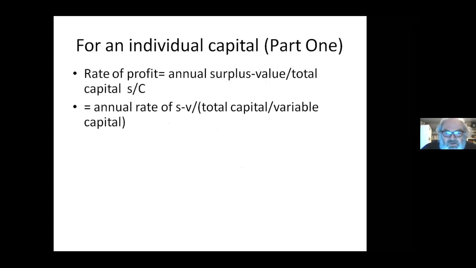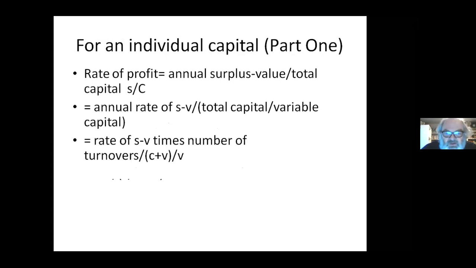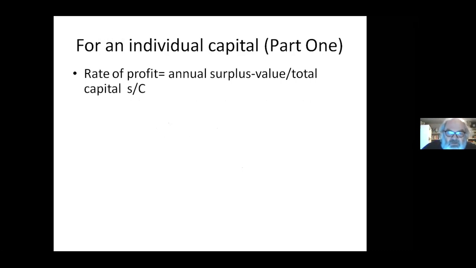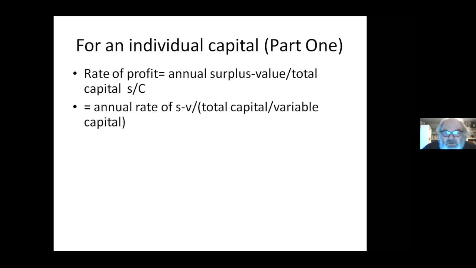I'm also going to summarize this or go over this again because it is so important going forward. Let me just start here. The rate of profit then is the annual surplus value over the total capital. We'll call this big C, following Marx, okay? Now, the annual surplus value can be conceived of as the annual rate of surplus value.